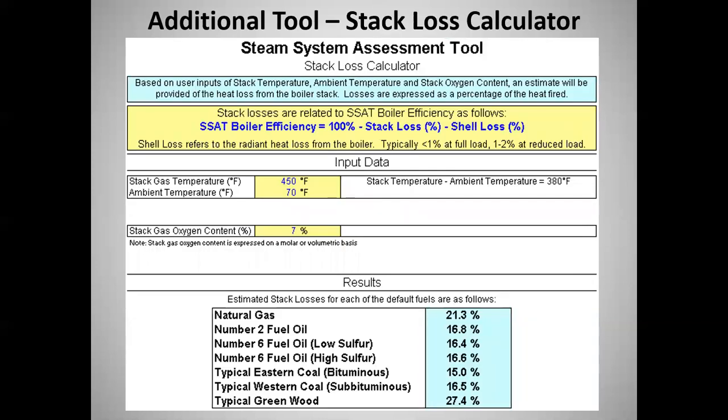Okay, and this is the calculator that's in the steam system assessment tool where you can put this in. And sometimes these things don't agree exactly. This one says for this same combination, 450, 70, and 7%, for natural gas, it says 21.3. So we've got a 1/10 difference.